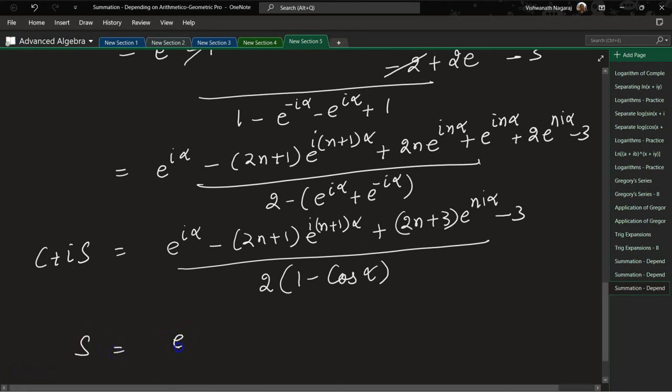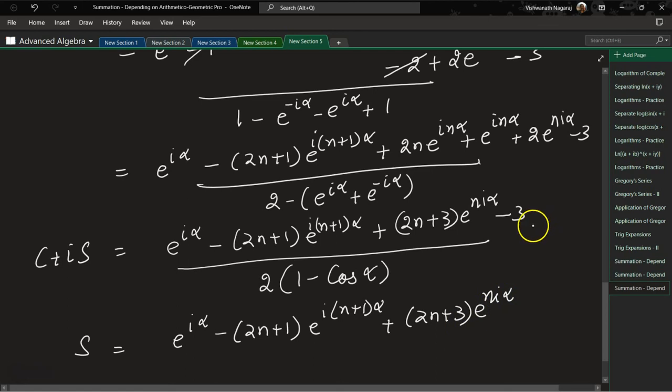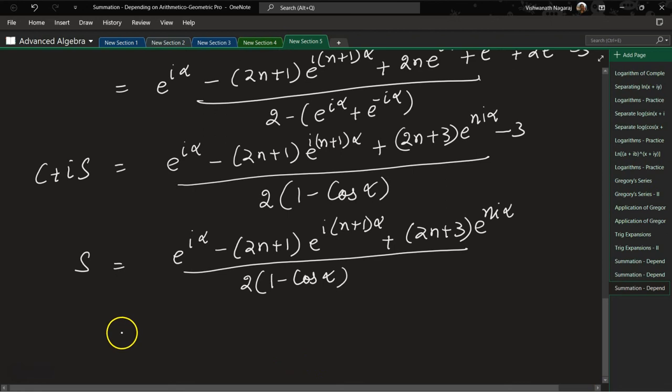So imaginary part is e to the power of i alpha minus (2n plus 1) e to the power of i(n plus 1)alpha plus (2n plus 3) e to the power of i n alpha. Minus 3 is real, divided by 2 times 1 minus cos alpha. That's not the end of it. We have to actually write it with sine.